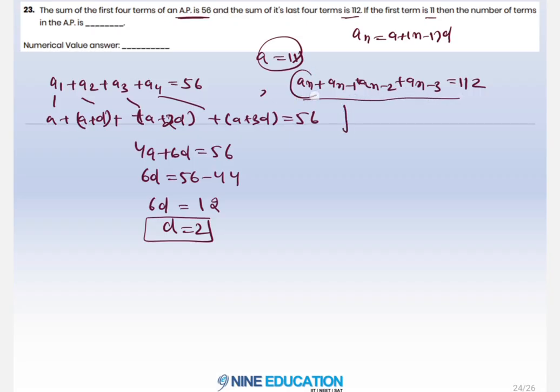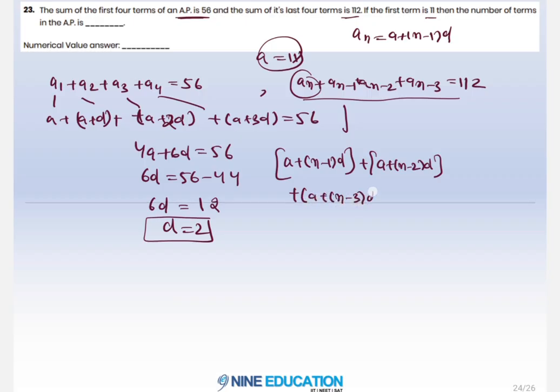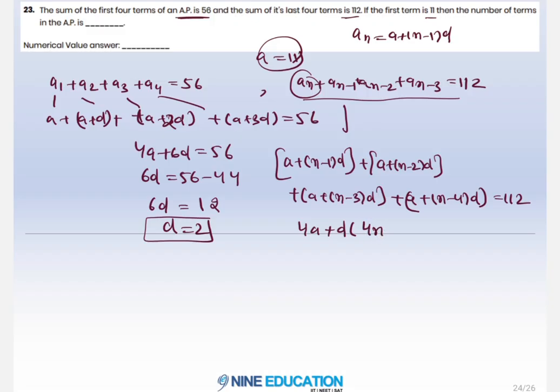This is a_n. a_n should be a + (n-1)d. a_(n-1) is a + (n-2)d, a + (n-3)d, a + (n-4)d. That is equal to 112. That's 4a + d common, n times 4, minus 1, minus 2, minus 3, minus 4, that is 10, so 4n - 10 equals 112.